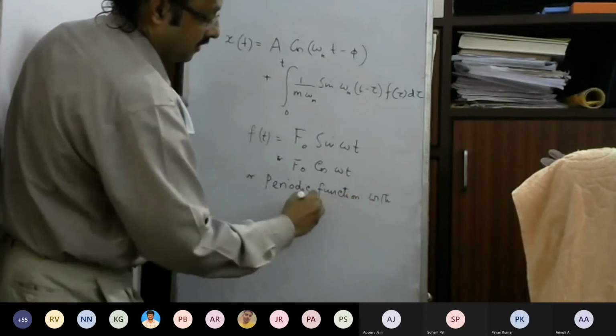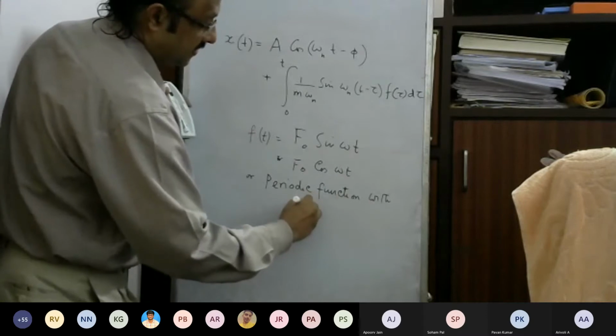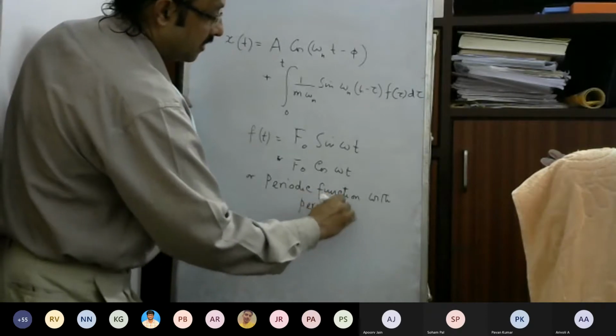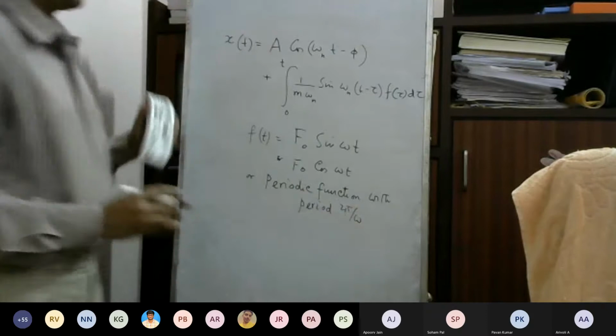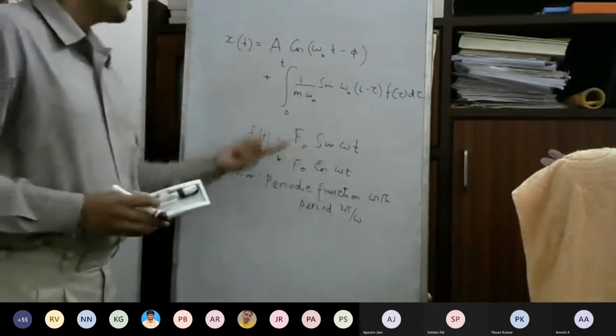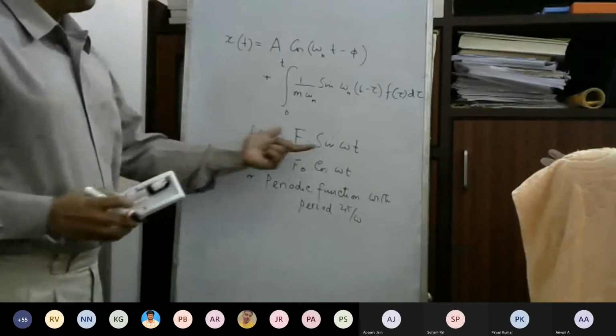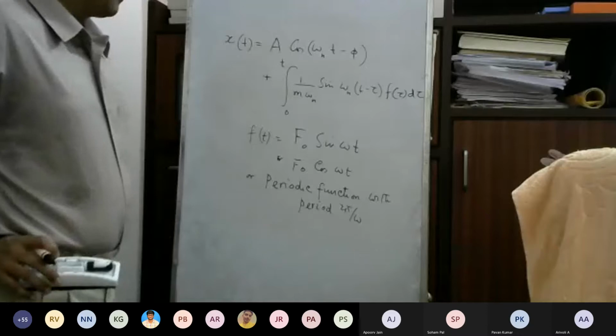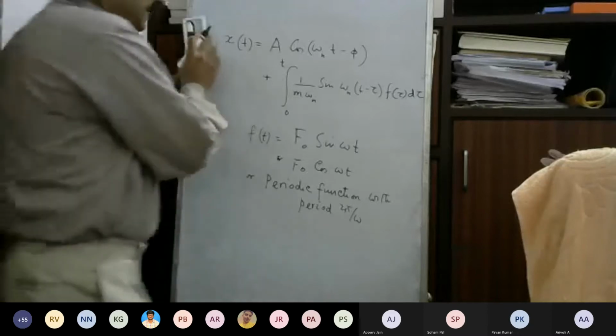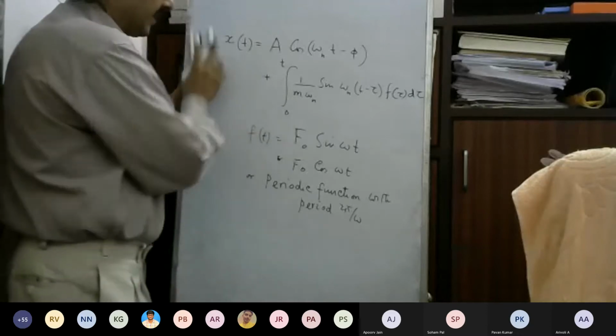with period 2 pi by omega. So any periodic function. So this we consider here, but at this time we'll consider only a part of it. So let me state it again.